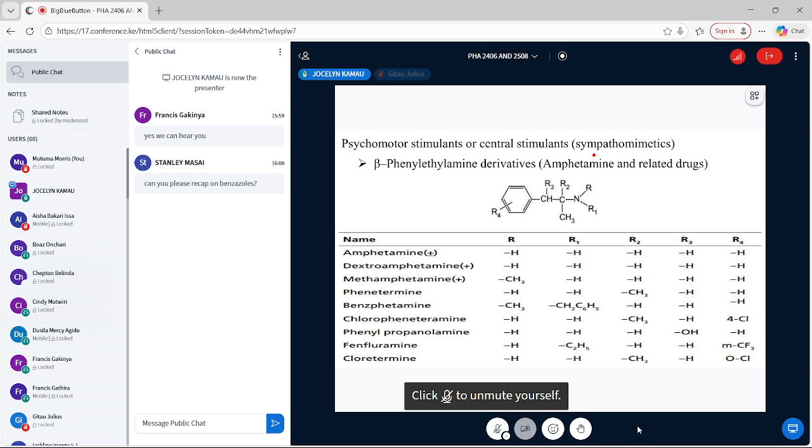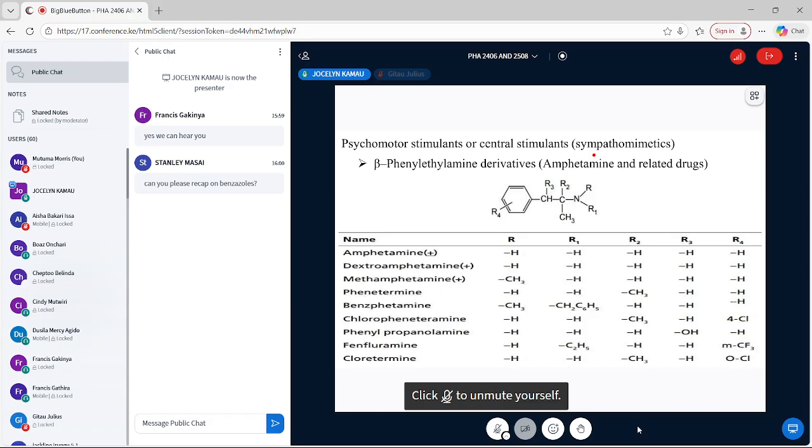Amphetamine is the racemic mixture, and it is the dextroisomer which has higher stimulatory activity.